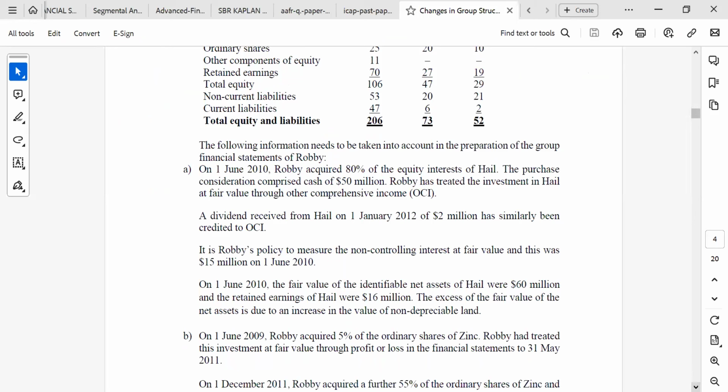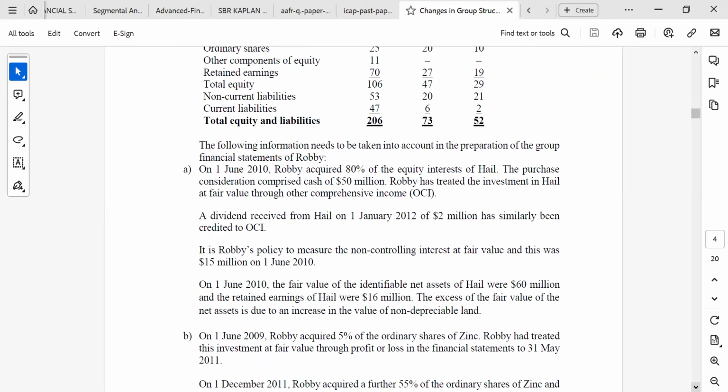There are no other issues that will come at the acquisition date because they have given you the net asset at acquisition already. That is the net asset value. They have done a calculation. They have added the fair value increase, and they have given you 60 as the net asset at acquisition. So you have to come and determine the increase in the land. How do you determine that?